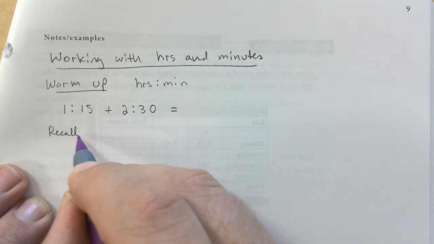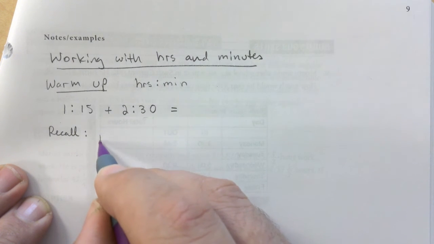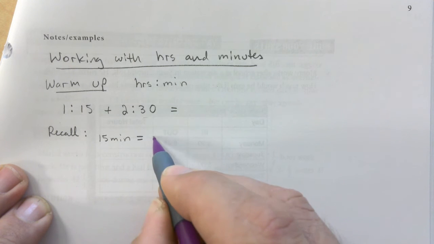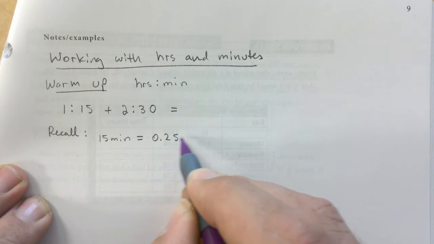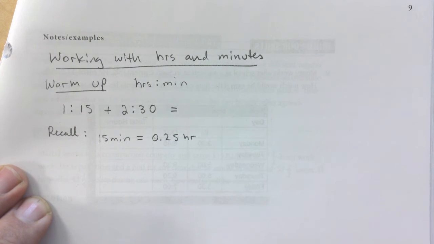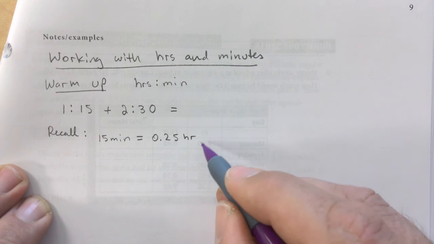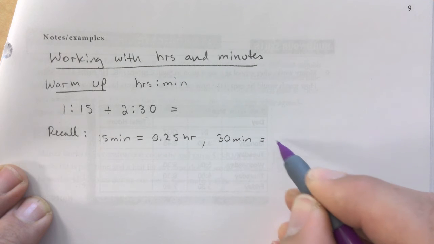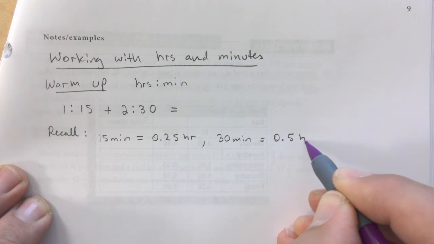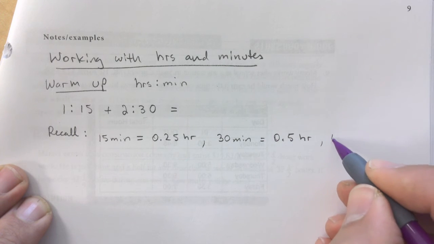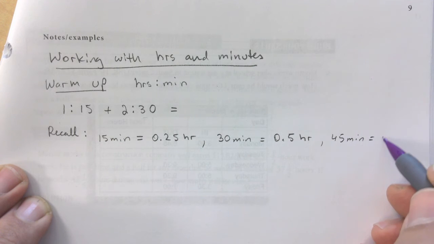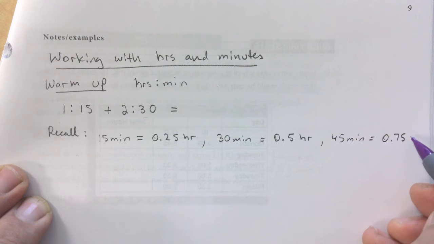Recall that 15 minutes is equal to a quarter of an hour, and that 30 minutes is equal to half an hour, and that 45 minutes is equal to 3/4 of an hour.